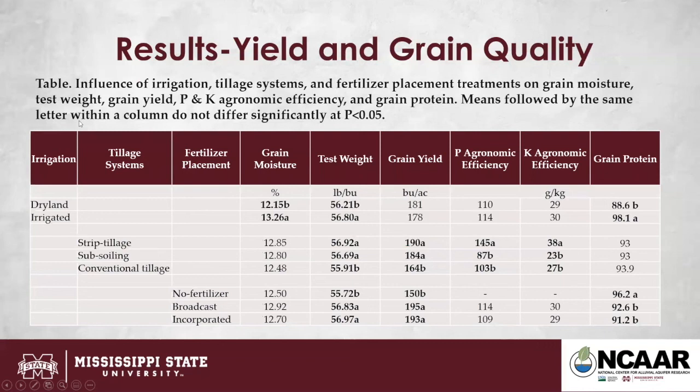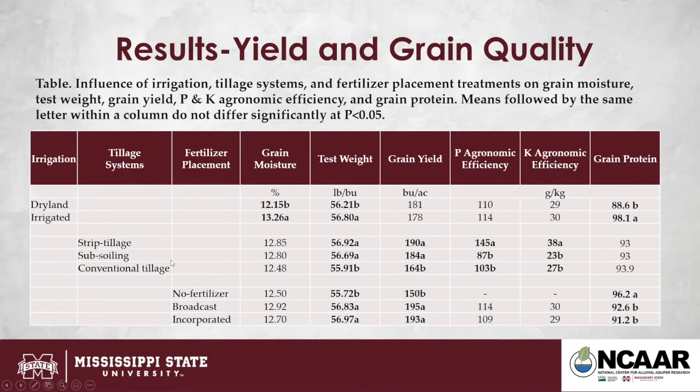Moving on to our mean value table. So this table shows the influence of irrigation, tillage system, and fertilizer placement treatments on grain moisture, test weight, grain yield, phosphorus agronomic efficiency, and potassium agronomic efficiency.